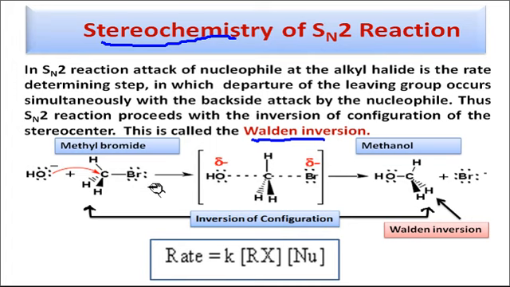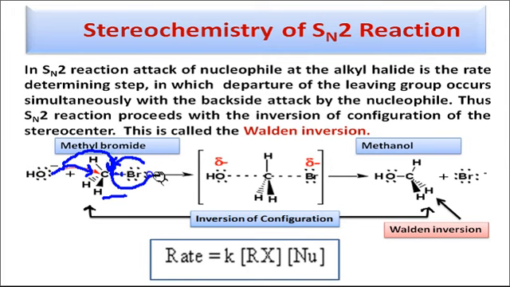Look here. This is the substrate molecule, methyl bromide. Now, when the nucleophile attacks onto the methyl bromide, since the leaving group is departing from here, the nucleophile cannot attack onto the carbon from this side. It is not possible because the bromide is already present here.